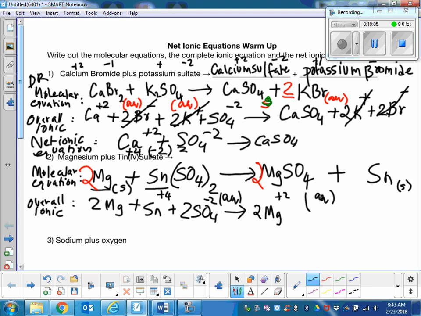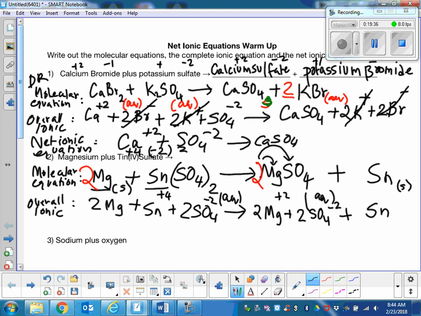Will I write 1 SO4 minus 2 or will I write 2 SO4 minus 2? This 2 distributes. Yes or no? So it is plus 2 SO4 minus 2 plus just Sn. Correct? Right? Is it just Sn?